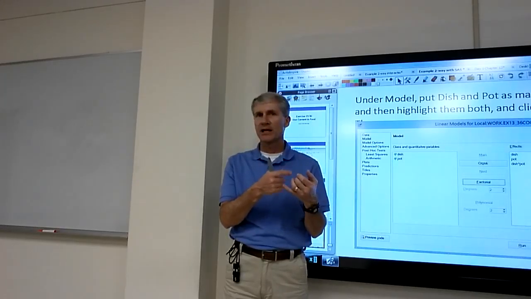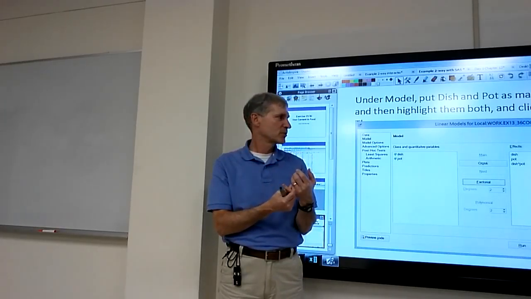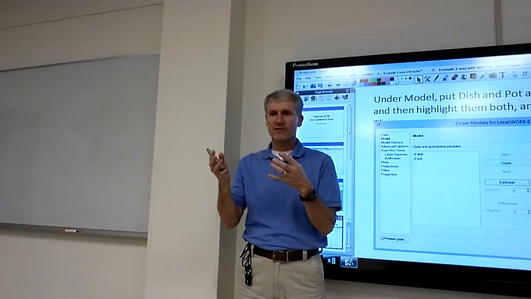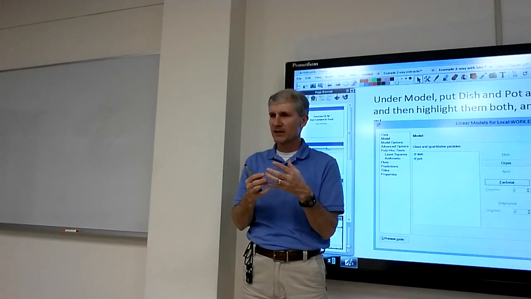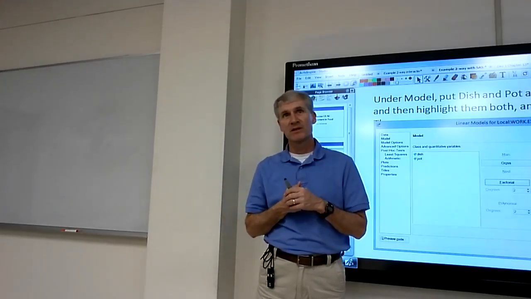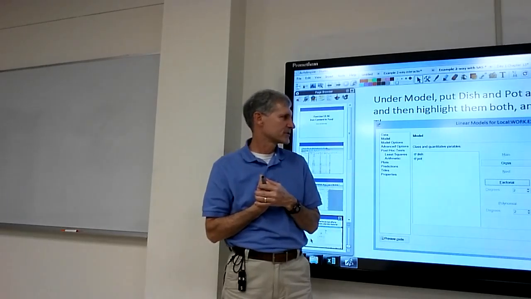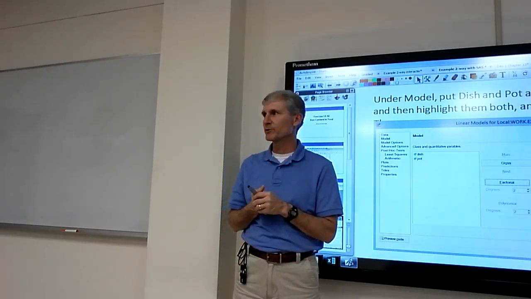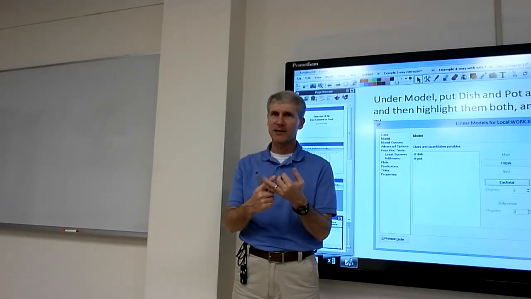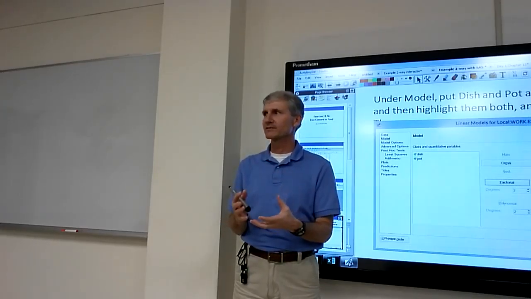Right? So an analysis of covariance lets you put in another independent variable that isn't categorical. So it might be, I don't know, something like the weight of the food. So you're cooking in this type of pot, this type of food, but how much are you cooking?